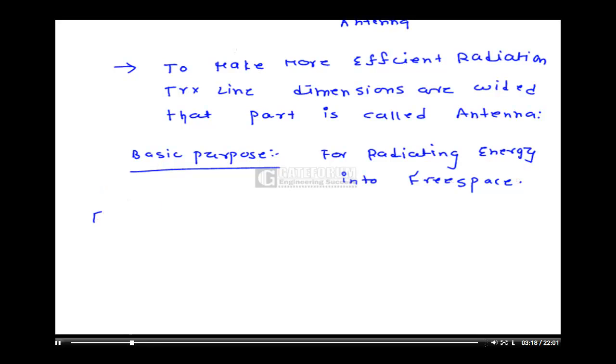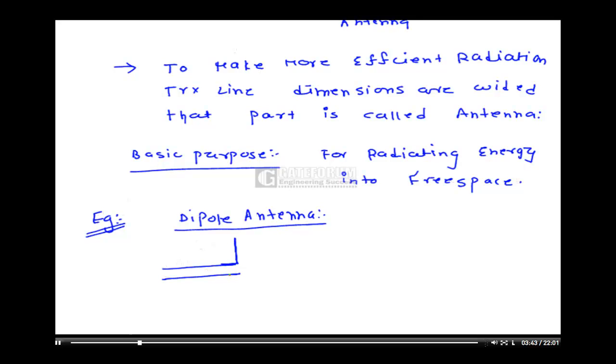For example, let us see the different types of antennas we are using nowadays. Each antenna is for different applications. Suppose the basic antenna is the dipole antenna. The dipole antenna looks like this, just a conducting wire. This is a basic dipole antenna.